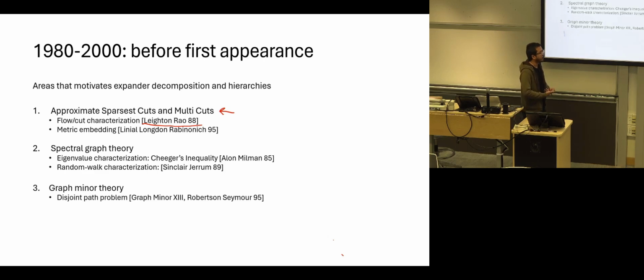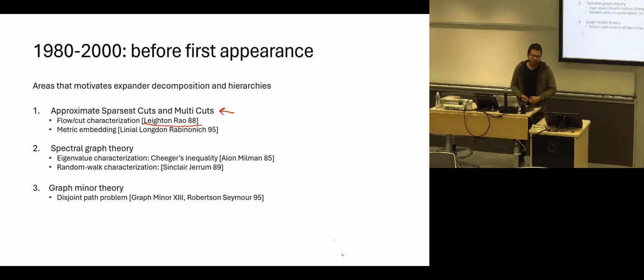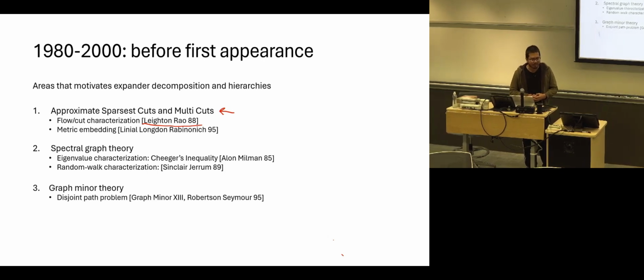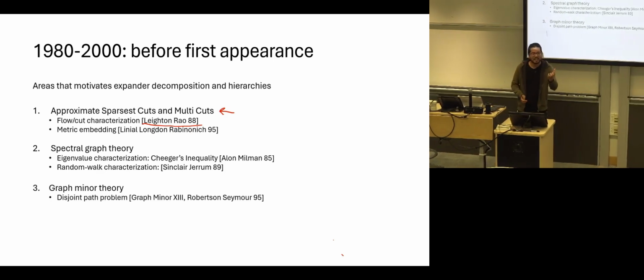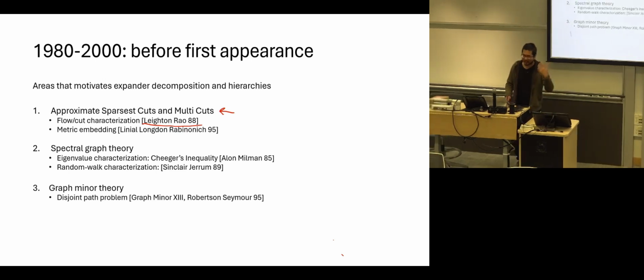To solve some disjoint path problems, they developed something like well-linked sets, or what we call an expanding set. When we talk about expanding sets in this class, this is the notion that was developed in this area a long time ago.